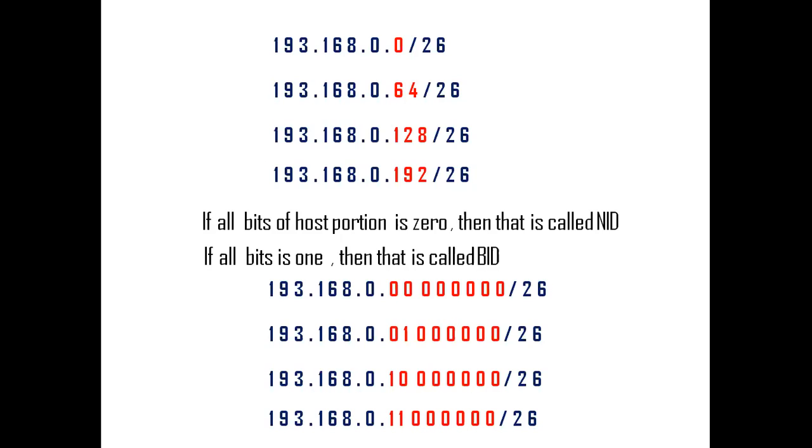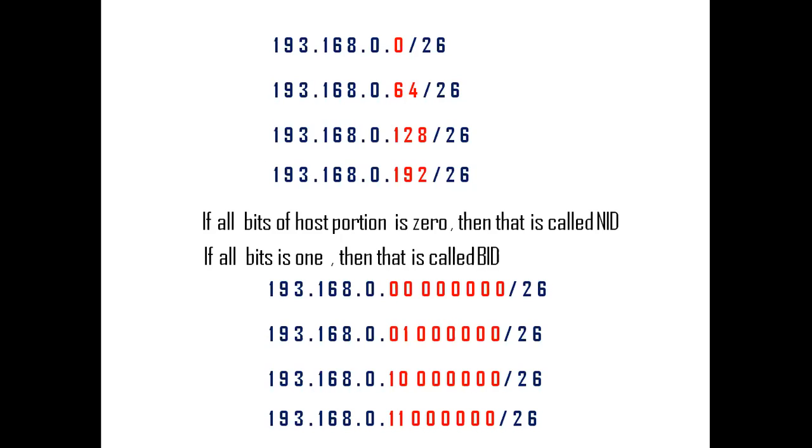This is 193. See, 193 is an 8-bit network, right? 168 is also an 8-bit network, and 0 is also an 8-bit network. So now you have 24 network bits. But why have I written 26 here?